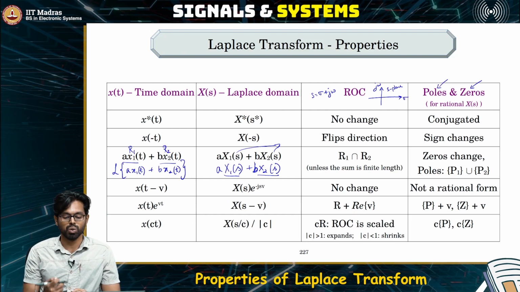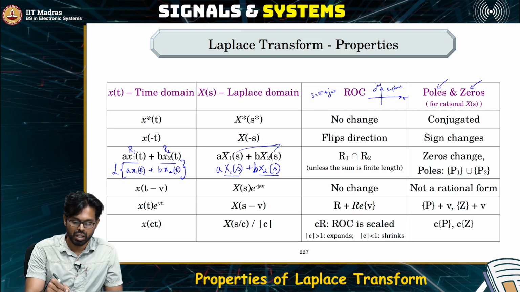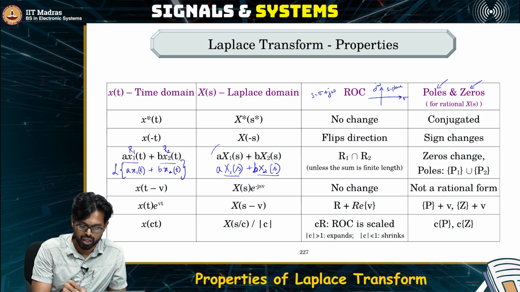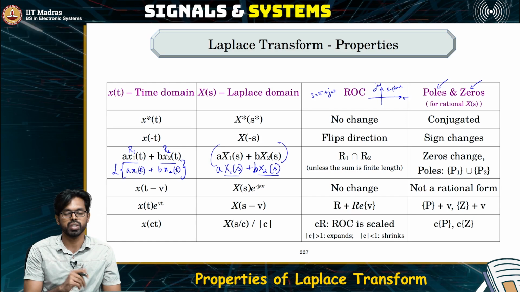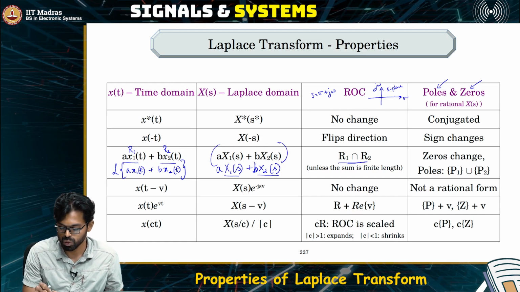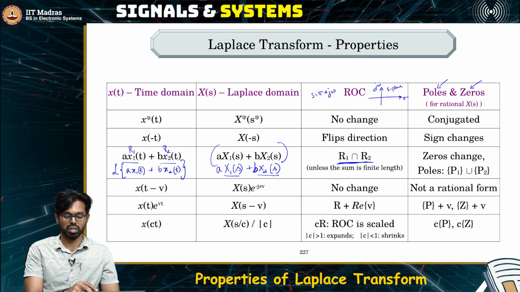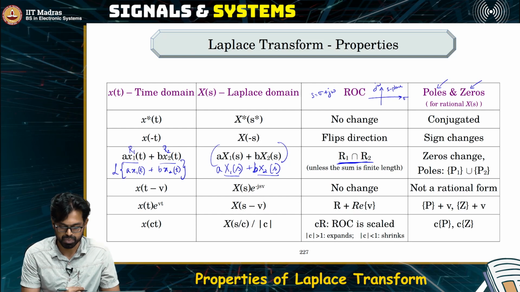Only when the values of s picked are common between these two ROCs can we ensure that the entire Laplace transform, which is the sum of these two, will exist. In other words, the ROC is now going to be the intersection of the first ROC and the second ROC.